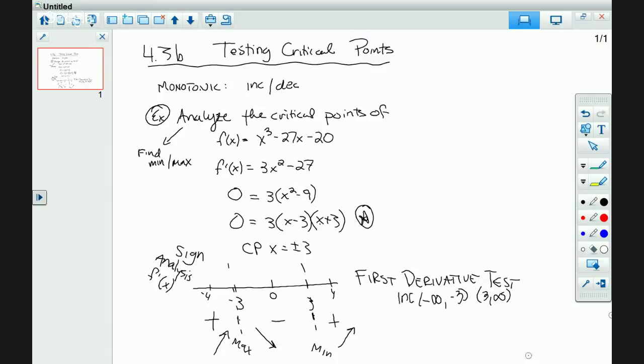And then it's increasing from -3 to 3. -3 to 3 is referring to this interval, not the point. Don't include brackets. They need to be open brackets, parentheses. All right. Let me show you the graph of this function.